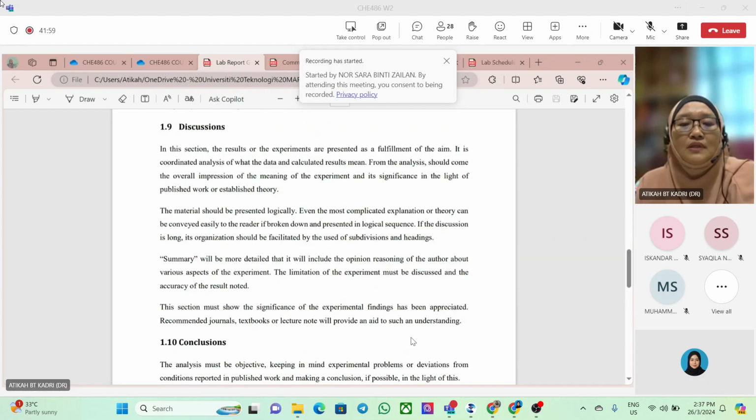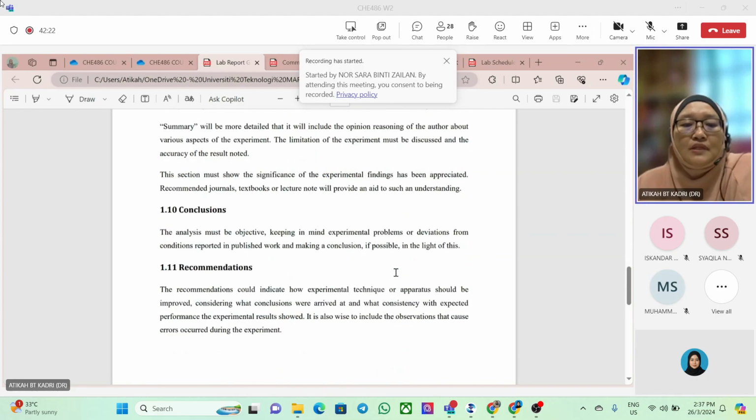Okay. And in this discussion section, you should also highlight any significant findings or anything that you feel is going to contribute to your experiment. And it's also recommended for you to refer to relevant references to support your discussion, right?